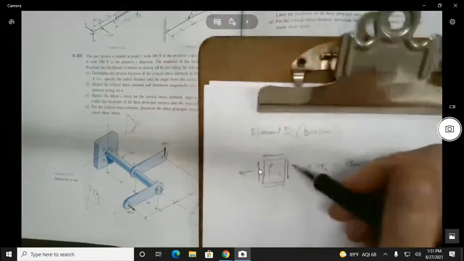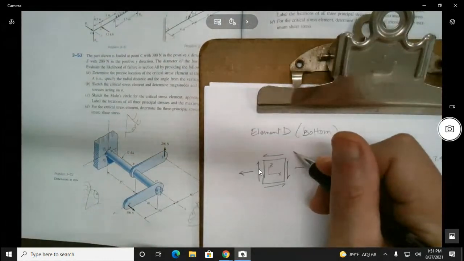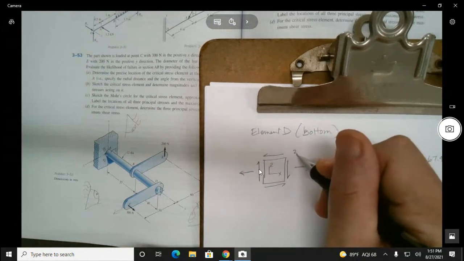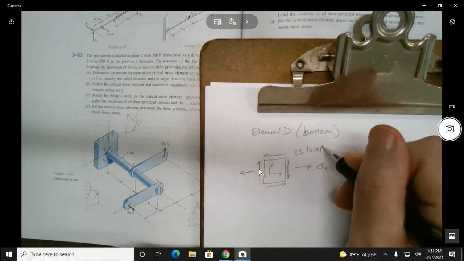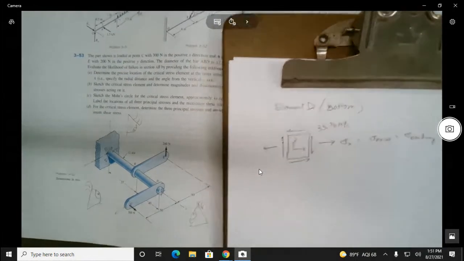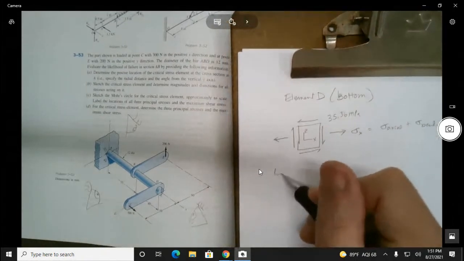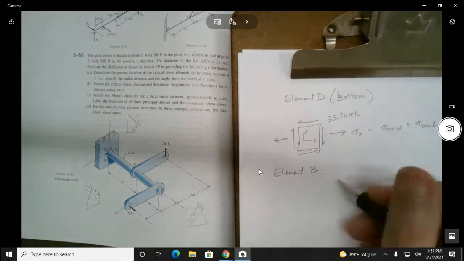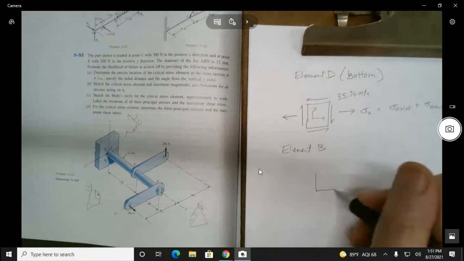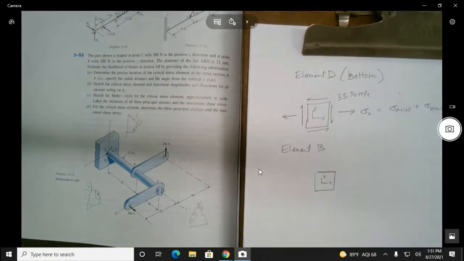This will have the same shear as the other one because it too does not have any transverse. So we're fine with that with the 35.36 megapascals. But now if we want to go to element, call it B, I guess. And that's going to be on the side, and that's the one that's in the XY plane, that way.